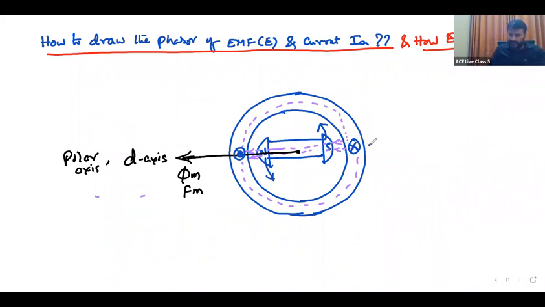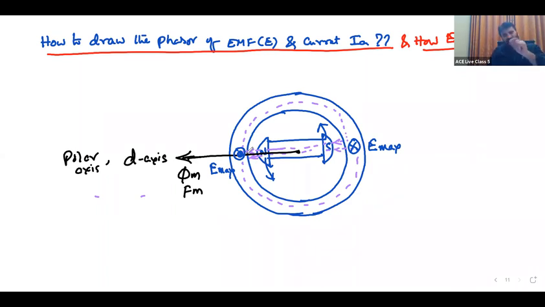Can I say the EMF is maximum? Yes. The EMF will be maximum in the conductor under the north pole. When a conductor is under the pole, the EMF is always maximum.